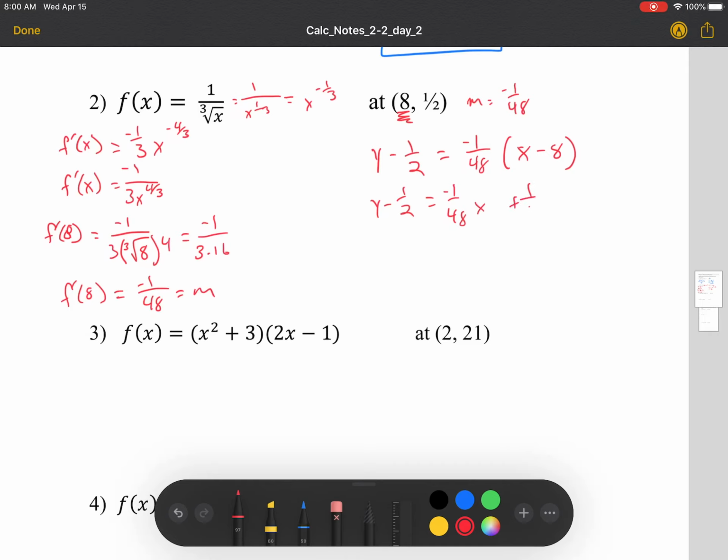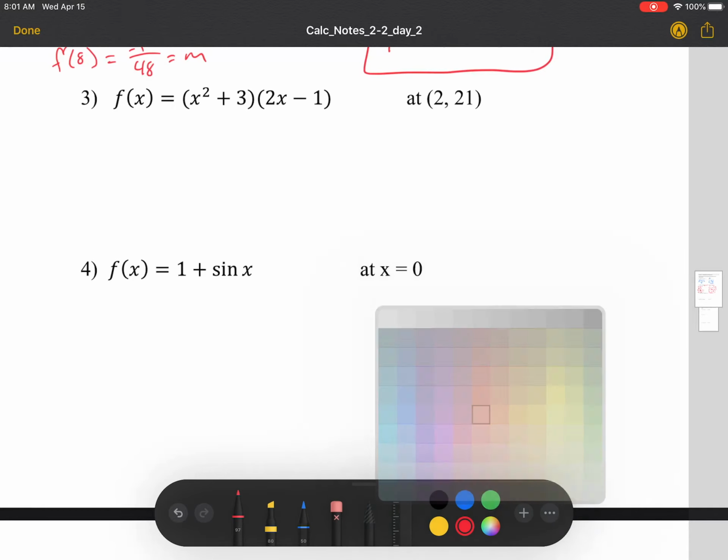I'm going to simplify this, and we end up with y equals negative 1 over 48 x plus 2/3. Again, what we're doing is taking the derivative to find the slope, plugging in the x component from our point, and then taking it all back into our y equals mx plus b form.